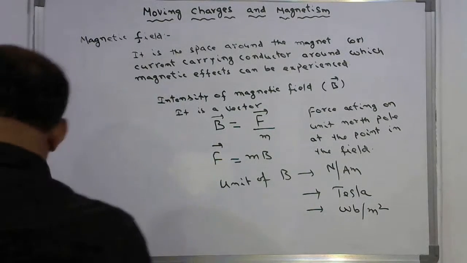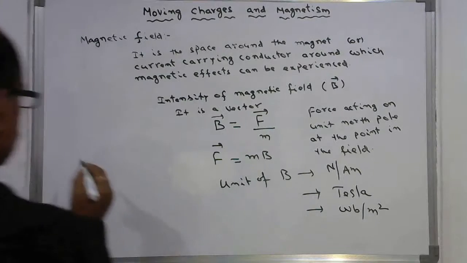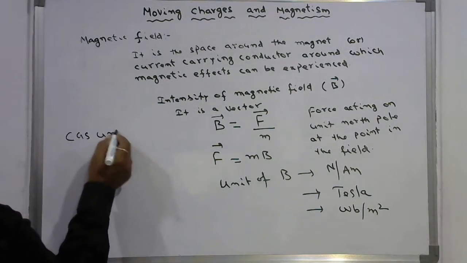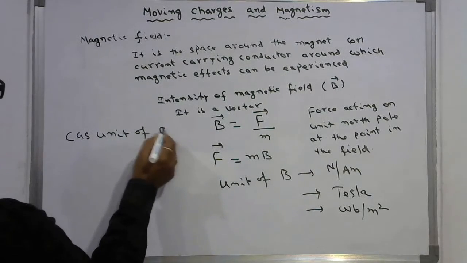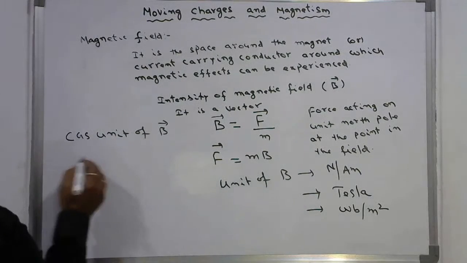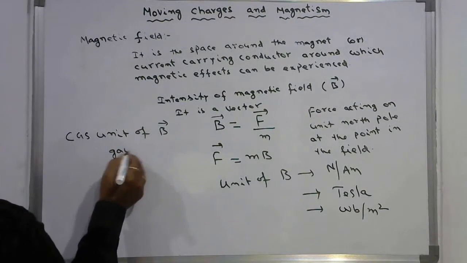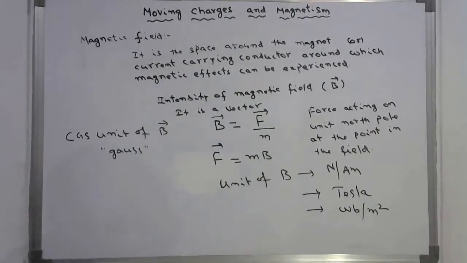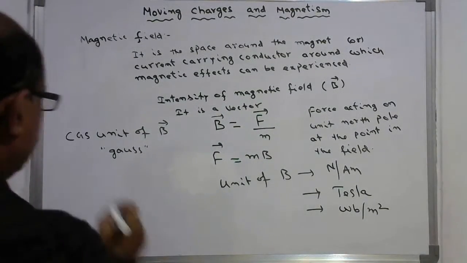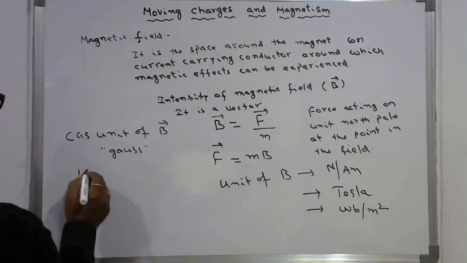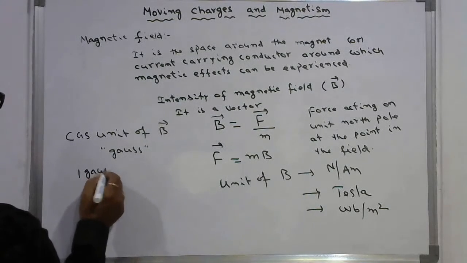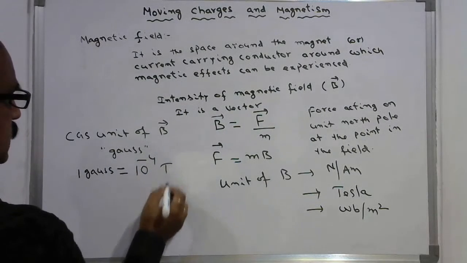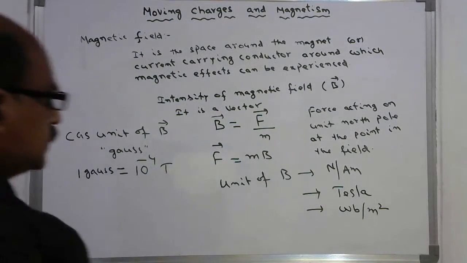It also has a CGS unit. The CGS unit of B, magnetic field intensity, is Gauss. One Gauss is equal to 10 power minus 4 Tesla, the conversion.